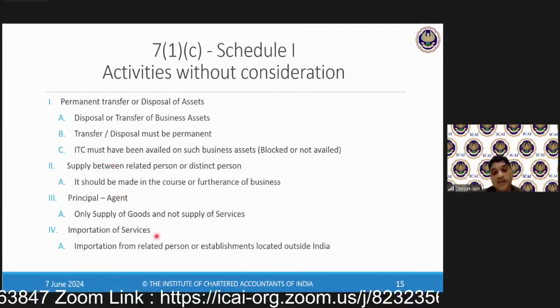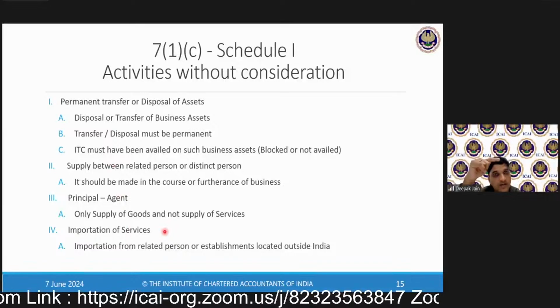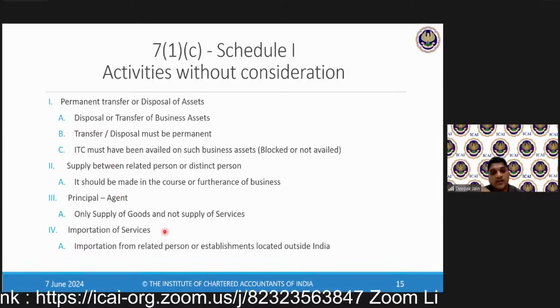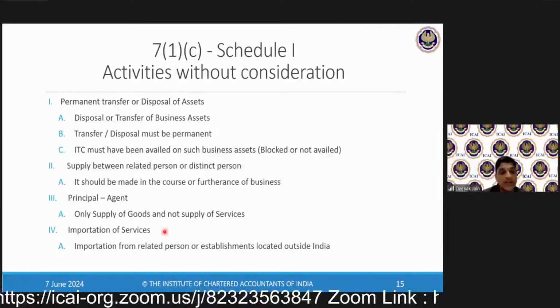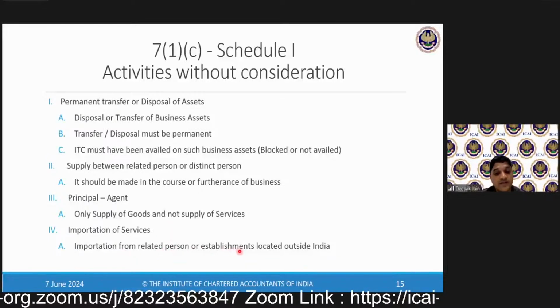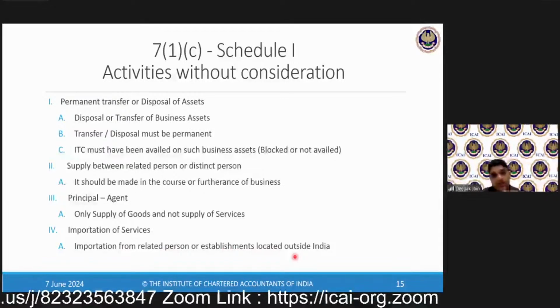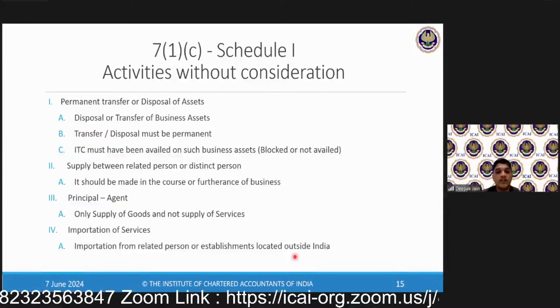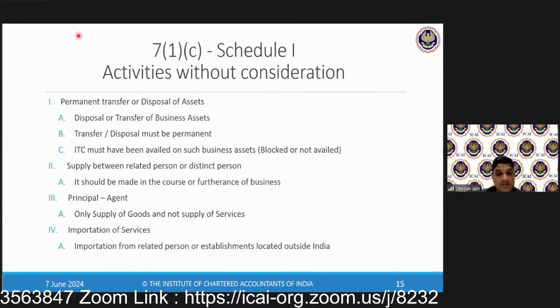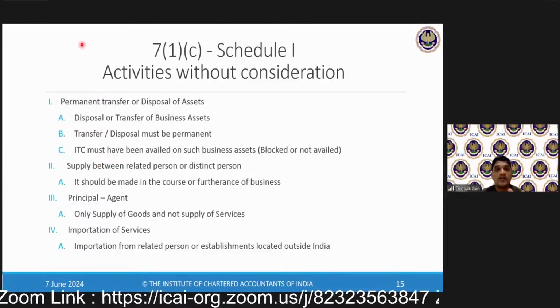Fourth is importation of services. Importation of services we have already covered under 7(1)(b). Now again over here it is covered specifically when you are doing importation of services from related persons or establishments located outside India. So there it was anybody, but here if you're doing any importation from related persons or establishments located outside India, still it will be without consideration liable to GST.